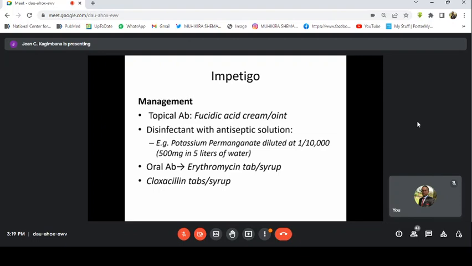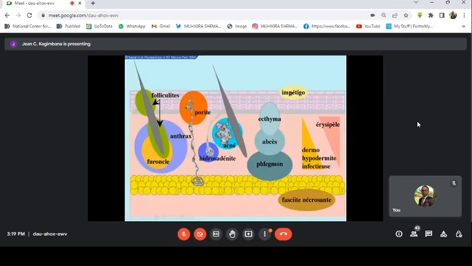Now, candidiasis. Let's go back to impetigo, it was here.